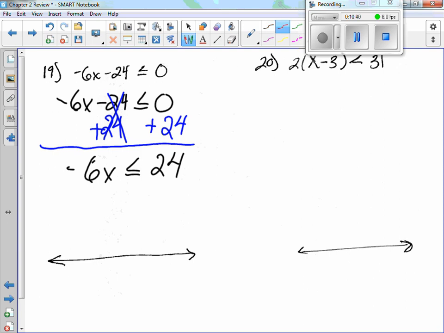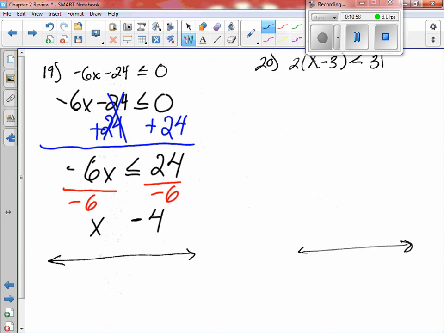Now, is x by itself? Well, no, it has the negative 6. So what do we need to do? We need to divide both sides by negative 6. Negative 6 divided by negative 6 would give us a positive x. 24 divided by negative 6 would give us negative 4, and our sign would be greater than or equal to, because again, anytime we multiply or divide by a negative number with inequalities, the sign has to flip.